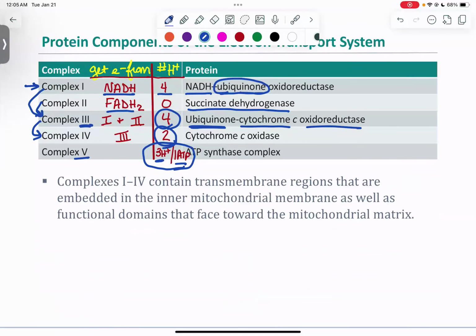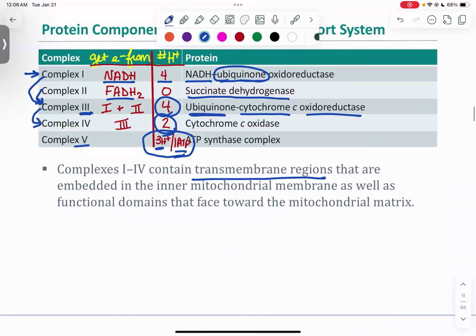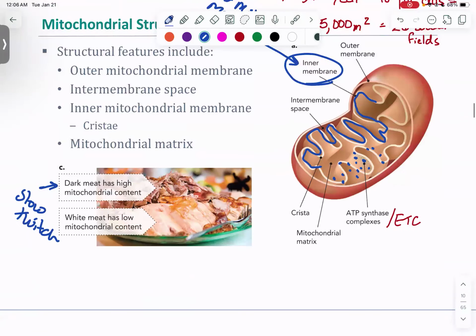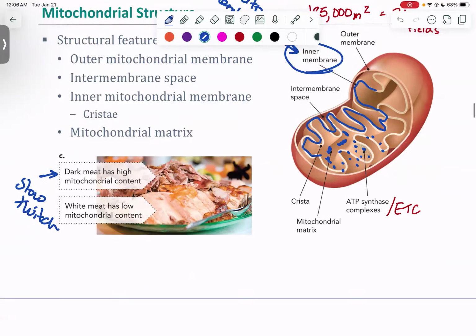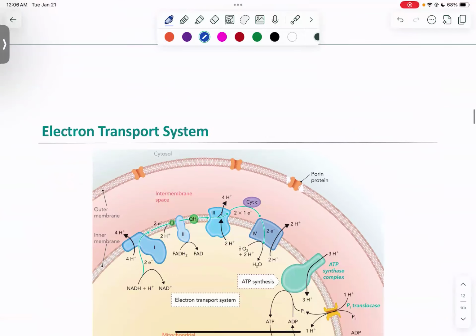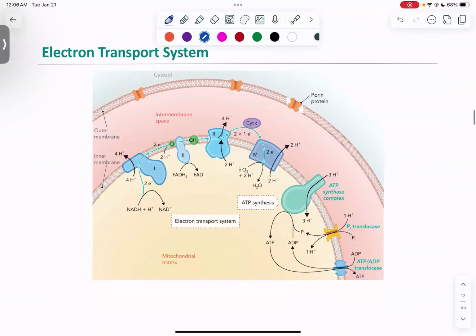But what is really important to remember is that these are all transmembrane proteins. They all have to be embedded because we said they were embedded in this inner membrane of the mitochondria. But then the functional domains have to face towards the matrix because that's where all of these NADH molecules and FADH2 molecules are located. And so the functional sides have to be facing the matrix. We'll talk about some questions at the end.